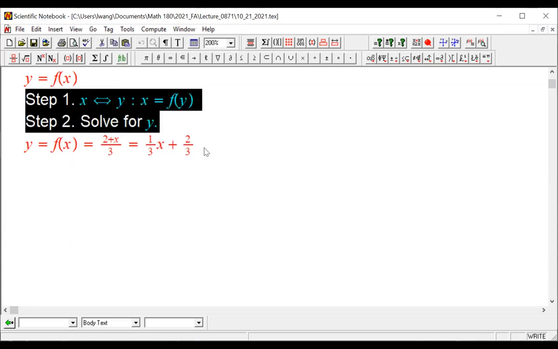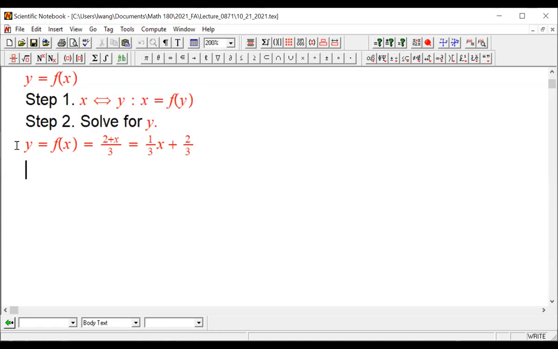Since you gave this example, I would just first do this, and I can give you another example if you want. So step 1, I have this function, so I would write it as y equals 2 plus x over 3. Step 1, swap.